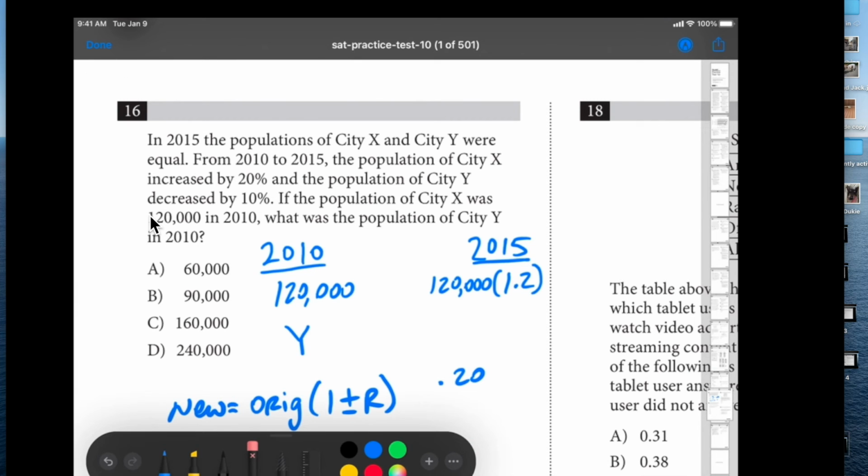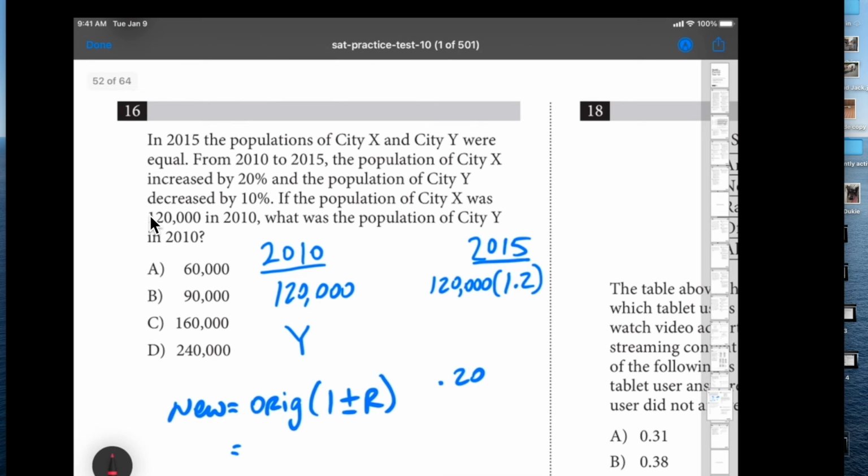So for the city Y original, I'm going to use the variable Y. And then, since it's decreasing by 10%, the decimal version of 10% is 0.10, and since we're decreasing, I'm going to use 1 minus 0.1, or 0.9. So in 2015, after a 10% decrease, we're going to have 0.9 of the original population of Y.